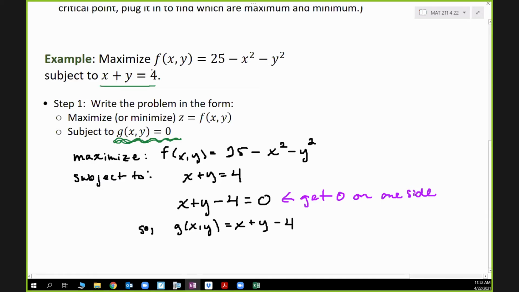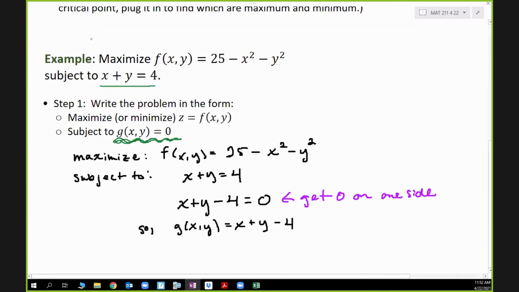Maybe sometimes it'll already be set to 0 in the original problem, but if not, we just need to get everything onto one side. And this will always be a fairly simple little equation, so it'll just be a matter of subtracting stuff over to the other side. Okay, so that is step 1.